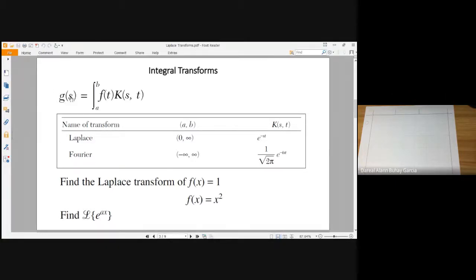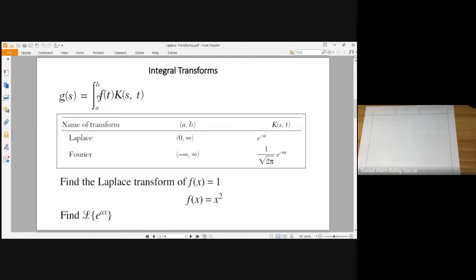G of s, the parameter is s, is equal to the integral of the function f of t times a function k in terms of s and t, integrated from A to B. So this is the general notation for an integral transform.